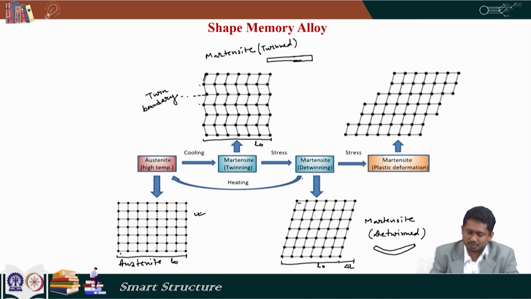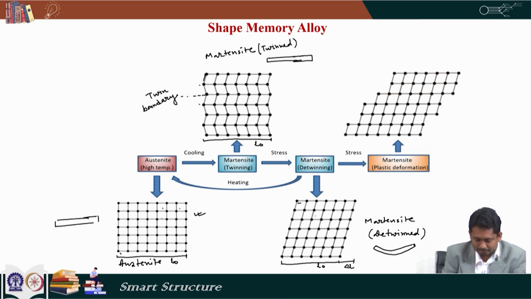So, if I apply heat to it, it transforms to an austenite phase and then it comes back here. We know that macroscopically this and this look the same. So, again we get our original shape back. That is how this entire shape memory effect comes into the picture.